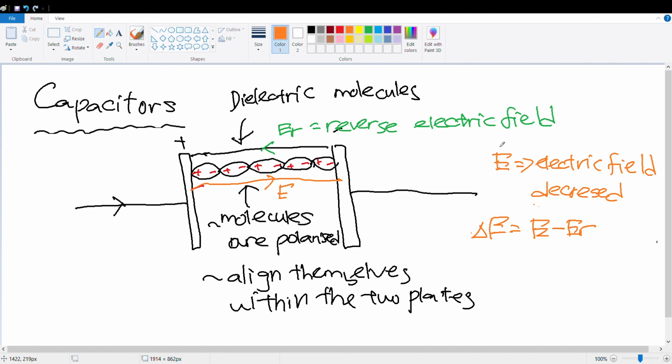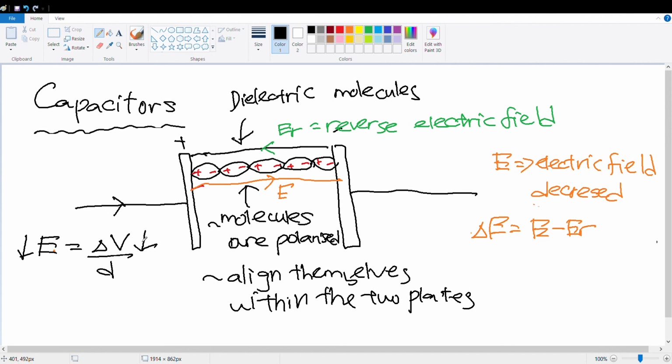After the electric field is cancelled, we know that my electric field strength equals the change in potential difference divided by the plate separation. In this case, my electric field strength decreased, and hence the potential difference across the two plates will also decrease.